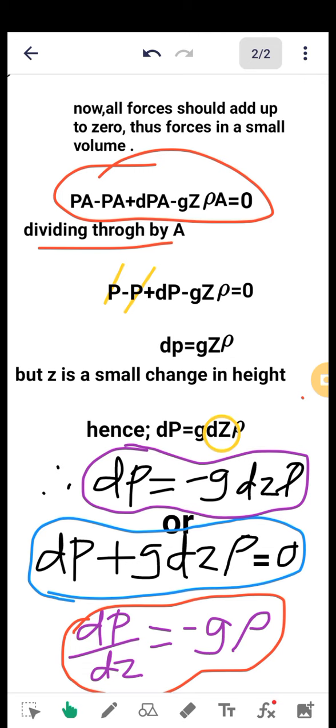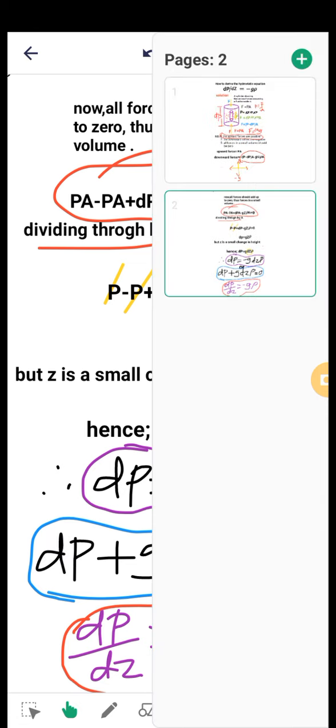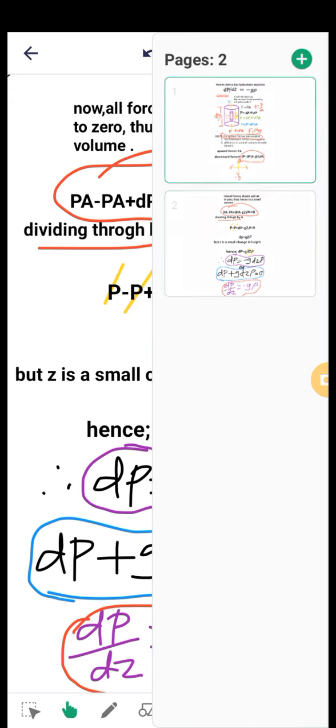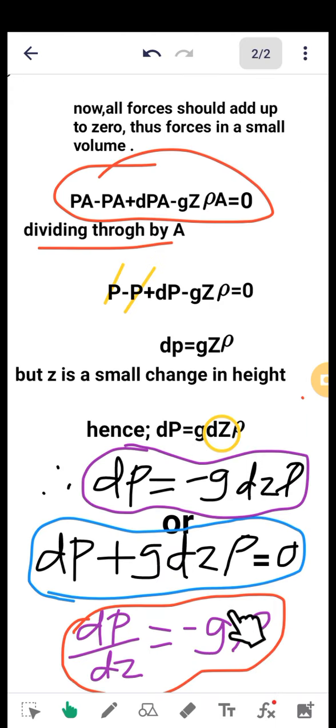So wrapping up, we can group all the right hand side onto the left hand side, then equate it to 0. Doing that, we had this. But the question says we should show that the hydrostatic equation is this. So we can write it from here or here.